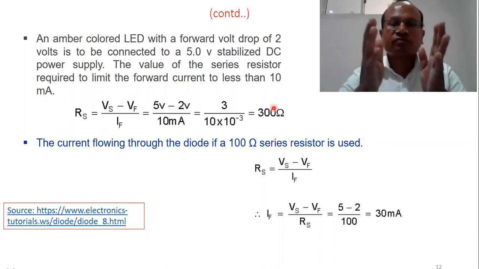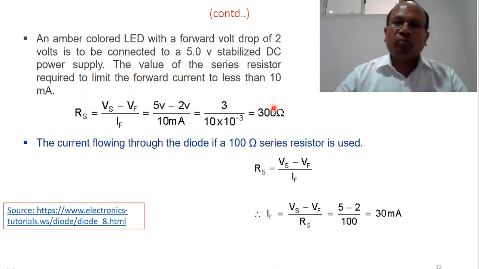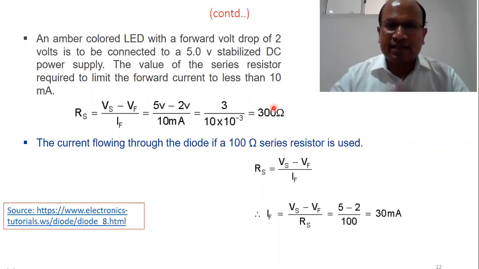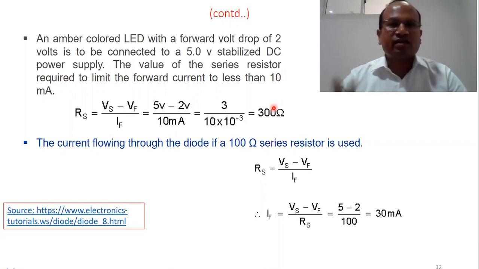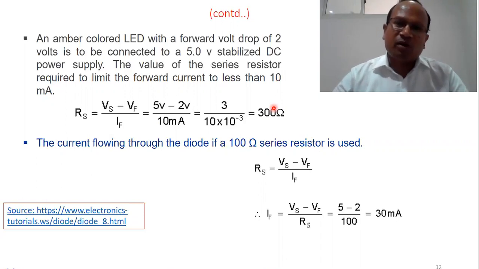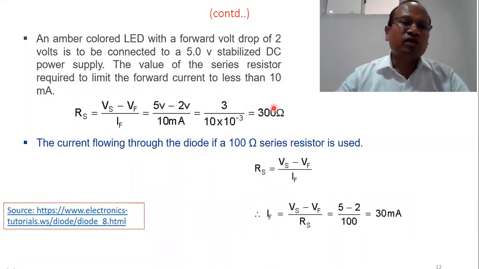It means when a 300 ohm resistance is connected in series with the battery and the LED, before the LED, the current will be limited to 10 milliampere only. When we increase the resistance, lesser current will enter. So the optimum resistance by which we allow a maximum current of 10 milliampere is 300 ohm.